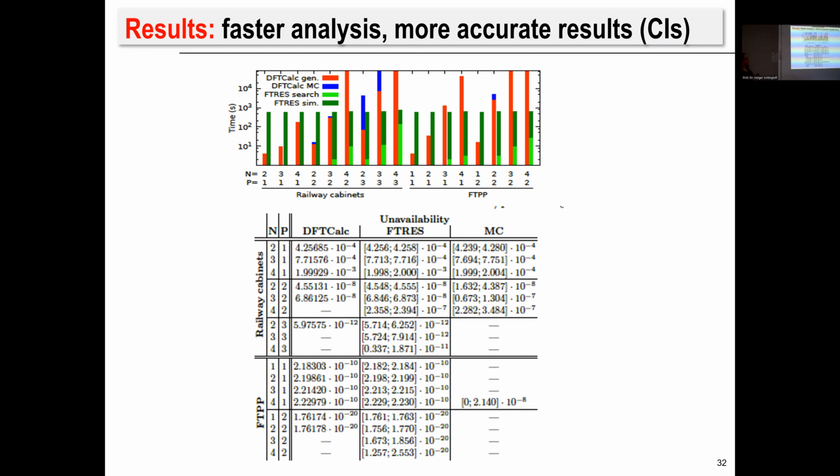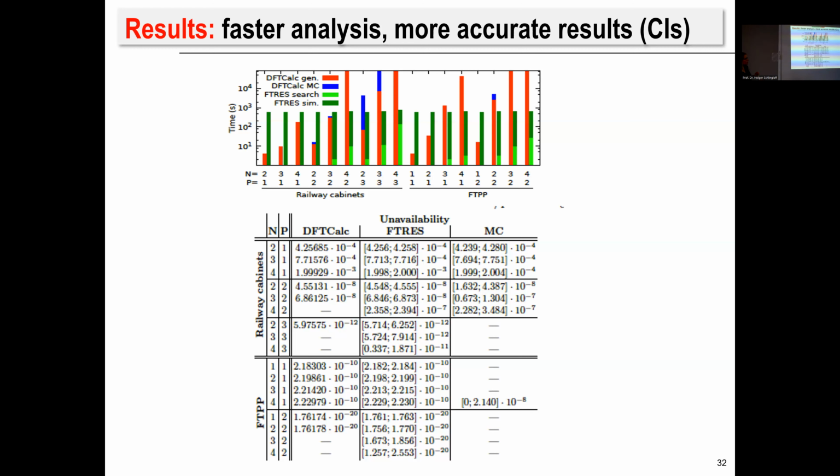You also see that this is Monte Carlo simulation, this is rare event simulation, and this is statistical model checking. Here we always got results. Here we had memory timeouts, and here we needed too large samples, so we didn't get meaningful accuracy.